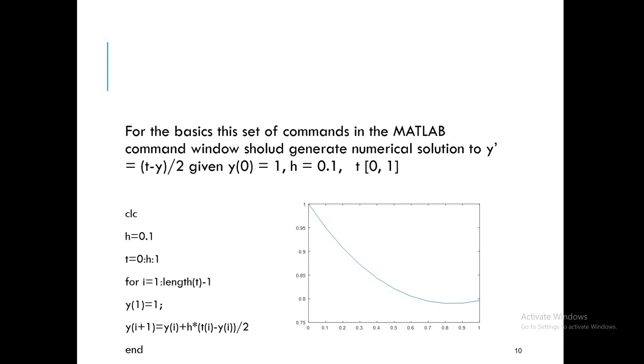So that will be for i equals 1 to the length of t minus 1. y1 is defined, and then subsequent y2, y3 and so on will be y(i+1) equals y(i) plus h times the slope function, which is t(i) minus y(i) over 2. Then we end, and then you plot your function t against y.